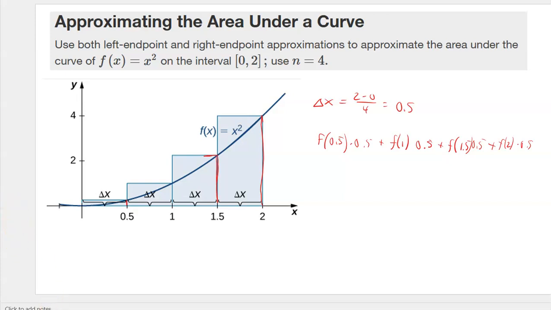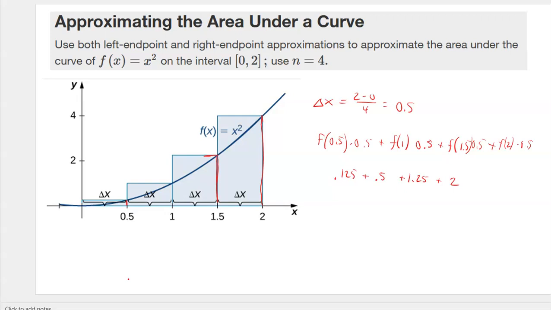So more or less is going to be what you had for the first one. That 0.125 plus 0.5 plus 1.25. And this last one, 2 squared is 4 times a half is 2.